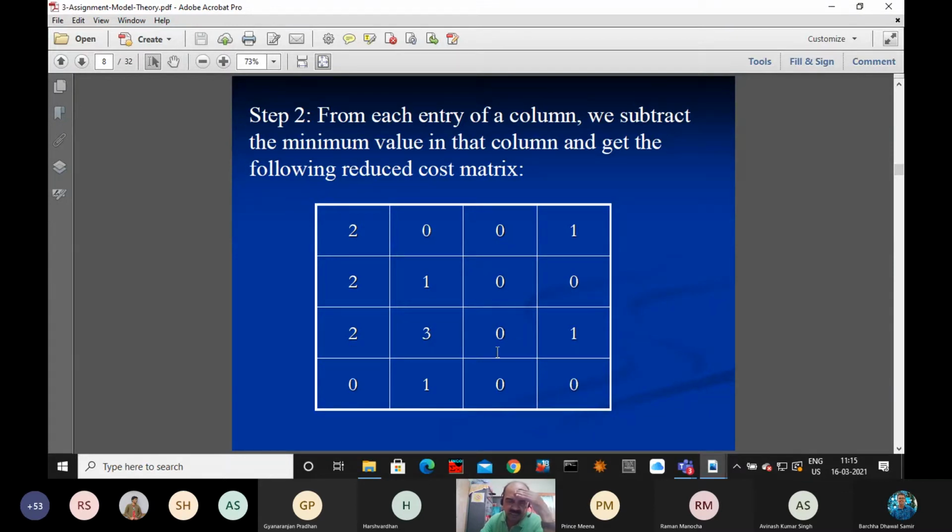Once you have assigned, in the same column the other 3 zeros we cancel, because in a row or a column there will be only one assignment. It cannot be more than that.